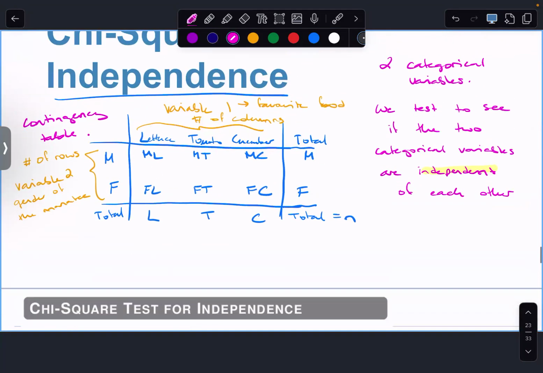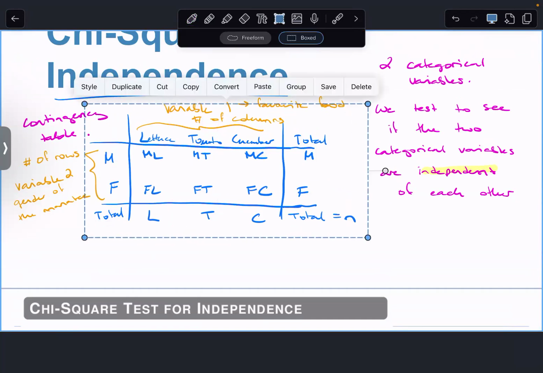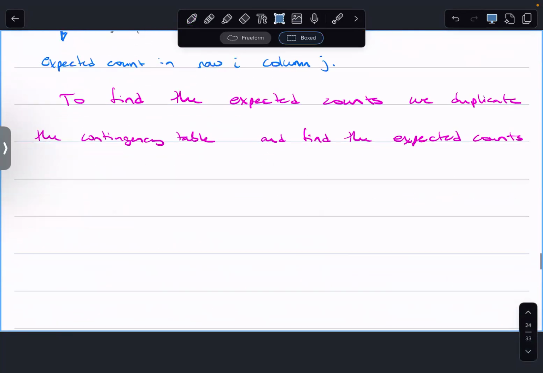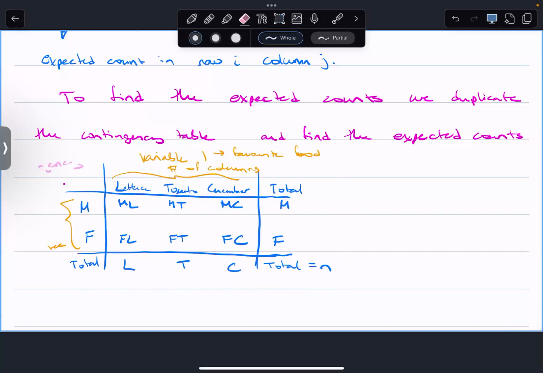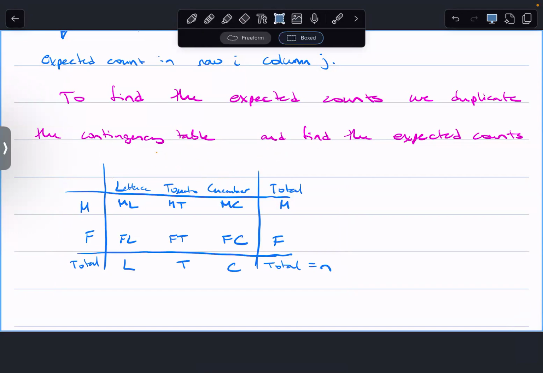So I am going to nab this. Paste. So I can delete that. And clean this up a little bit. Too much activity on here. How about that?